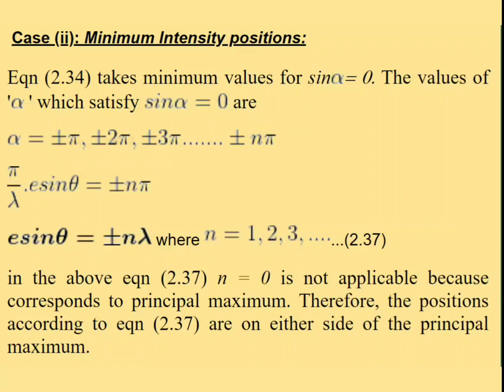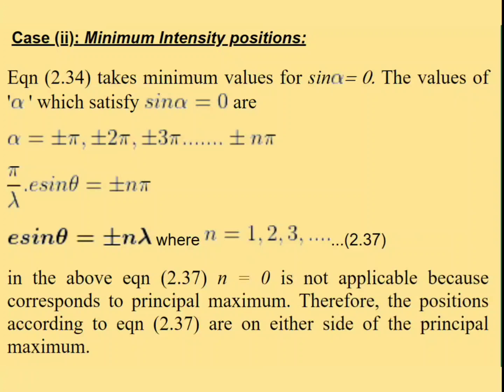Once again I repeat, the condition for minimum intensity is sin alpha is equal to 0. So alpha value is equal to 0, plus or minus pi, plus or minus 2 pi, plus or minus 3 pi, and so on, plus or minus n pi. But here we did not substitute alpha is equal to 0.